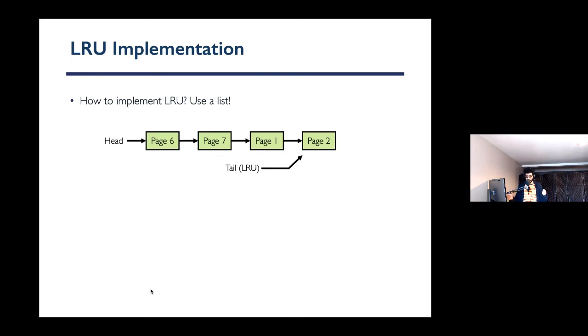Every time I reference a page in my sorted list, I bring this page to the head because I just referenced it. And every time I want to see which page has gotten a reference the furthest in the past, I can just look at the tail. So the tail of this list would be the page that I have referenced the least, the furthest in the past.